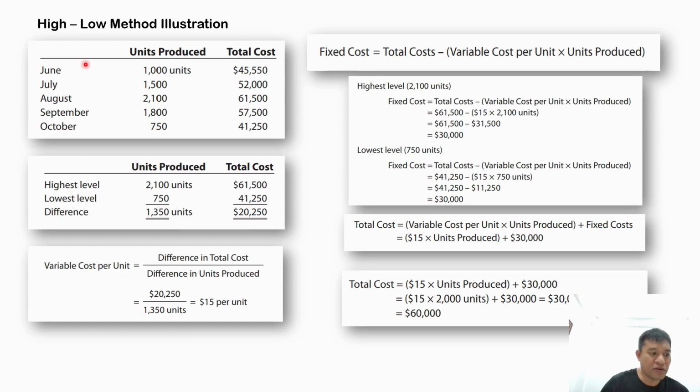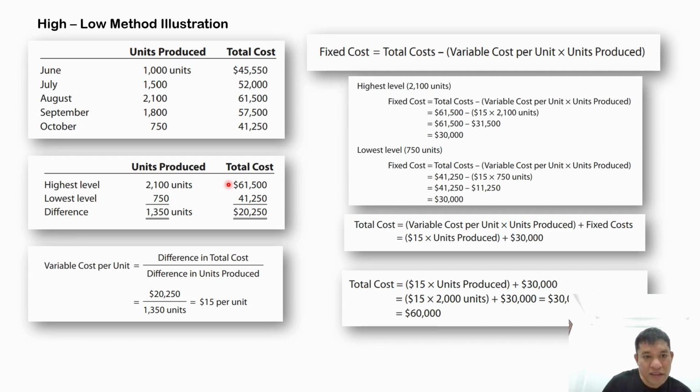So for Quezon, the difference between the units produced and the total costs at the highest and lowest levels of production are as follows. The highest level is in the month of August, wherein the units produced is 2,100 and the total cost is $61,500.